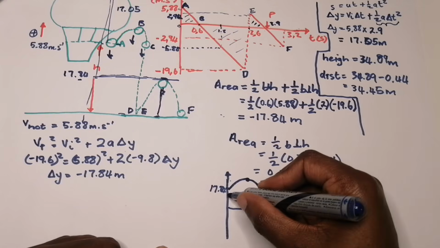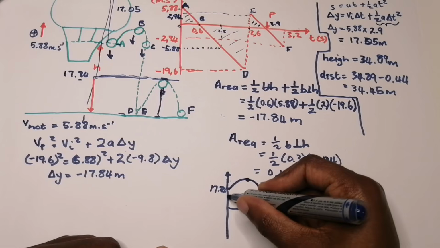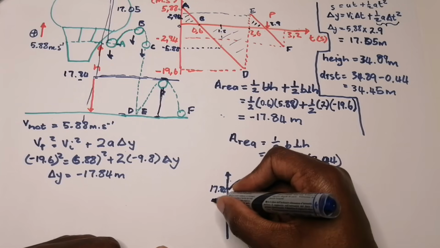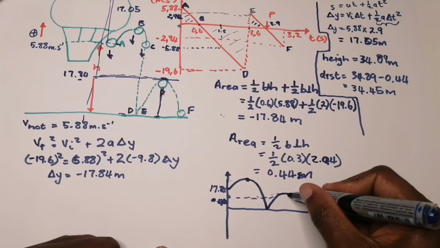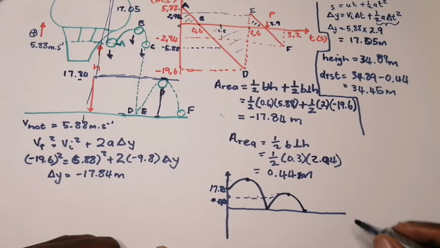We know that maximum height would have been very small. Sorry, it's not drawn to scale, but I hope you understand. So that would be 0.44 there, that's our second maximum height. And then it would get to that point there.